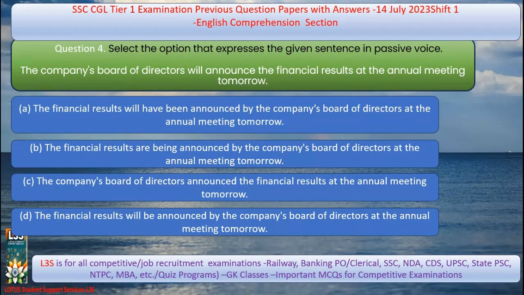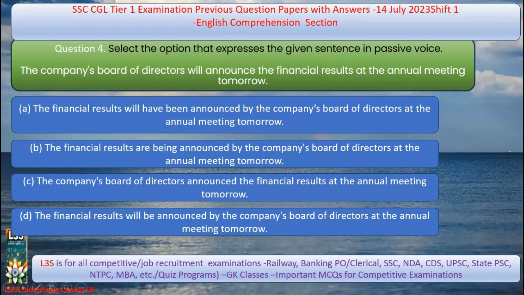Next question. Select the option that expresses the given sentence in passive voice. The company's board of directors will announce the financial result at the annual meeting tomorrow. So if we convert to passive voice, the object should come first, then verb, then the subject.